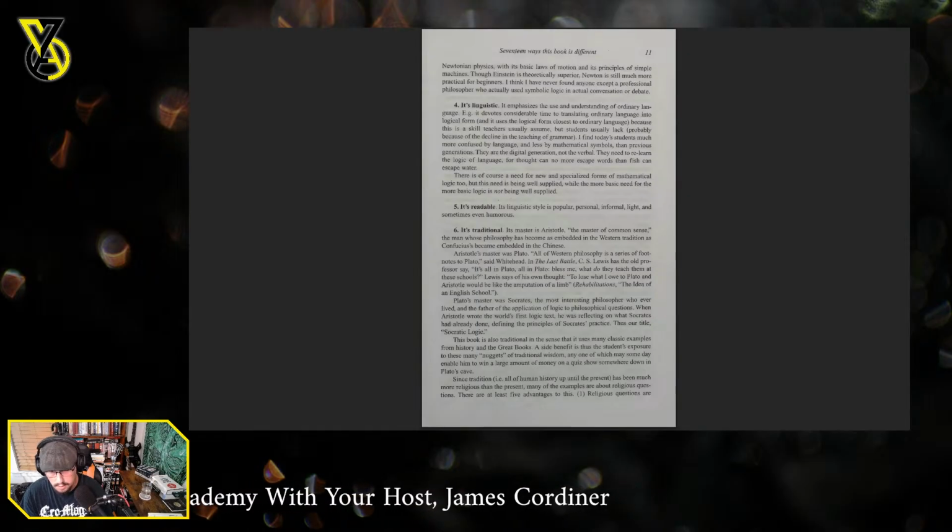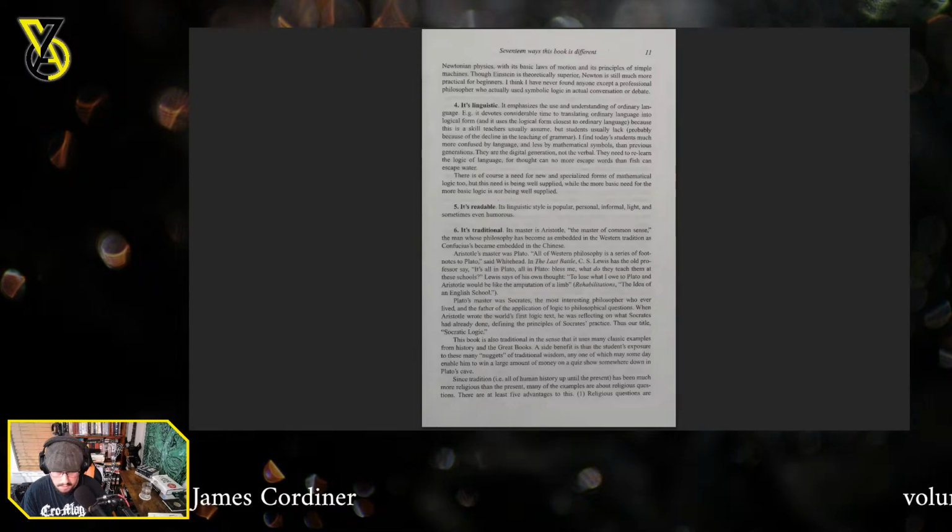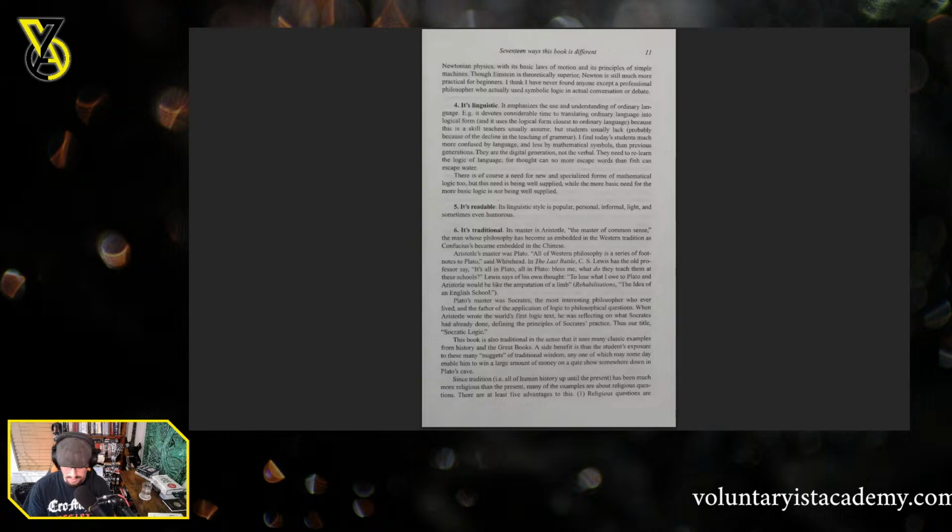This book is also traditional in the sense that it uses many classic examples from history and the great books. A side benefit is thus the student's exposure to these many nuggets of traditional wisdom, any one of which may someday enable him to win a large amount of money on a quiz show somewhere down in Plato's cave.